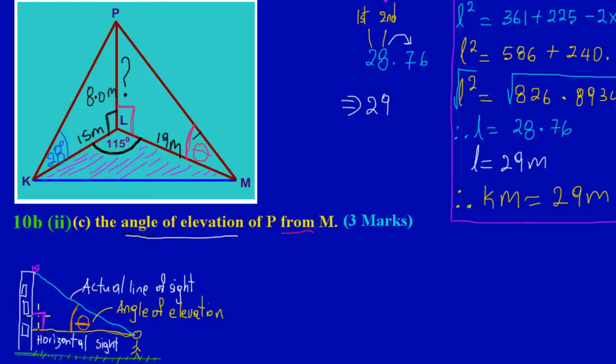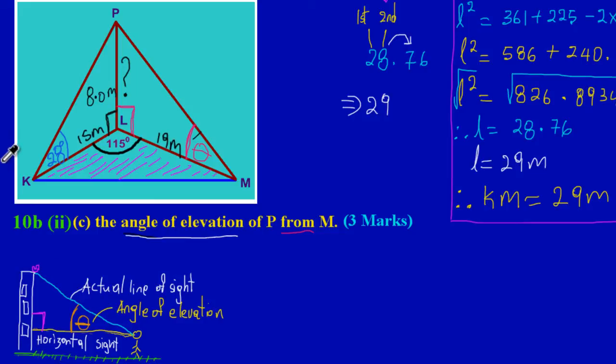Basically this shape here that I'm running my pointer along, this boundary, is now a right angle triangle. That's a critical point to make note of when working with angles of elevation. Usually it tends to form a right angle triangle.